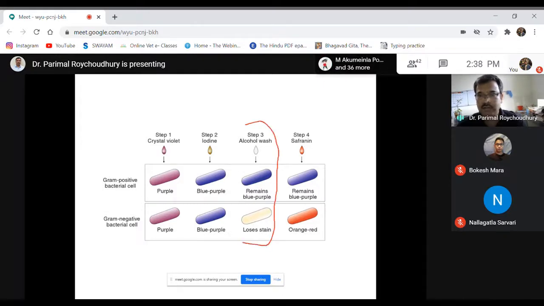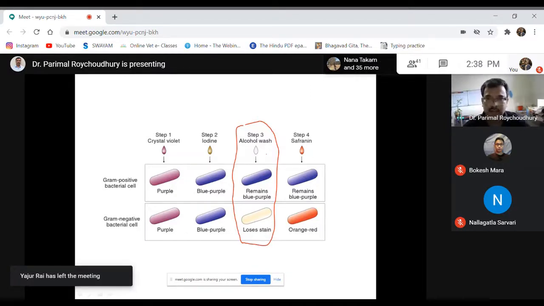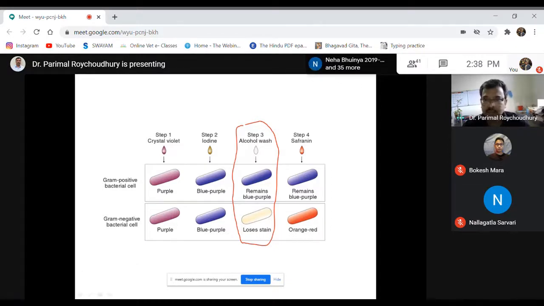When we apply this alcohol, either 70% ethanol, 1:1 acetone alcohol, or even 95% ethanol, for a specific time period, the gram-positive bacteria will not lose the color. Why? It is because of their thick cell wall. Whereas the gram-negative bacteria will immediately lose the color.